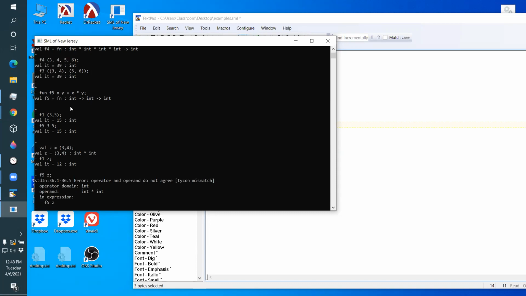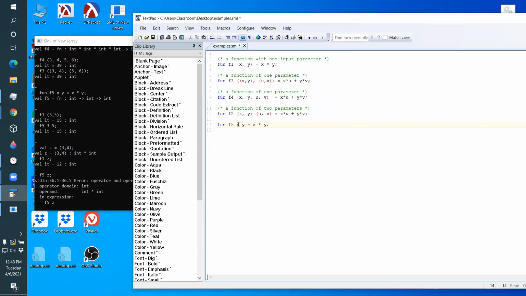Notice that the error message is kind of weird. The domain was int. Notice the domain, we thought of as int, but ML actually tells in the error message that F5 took in int.